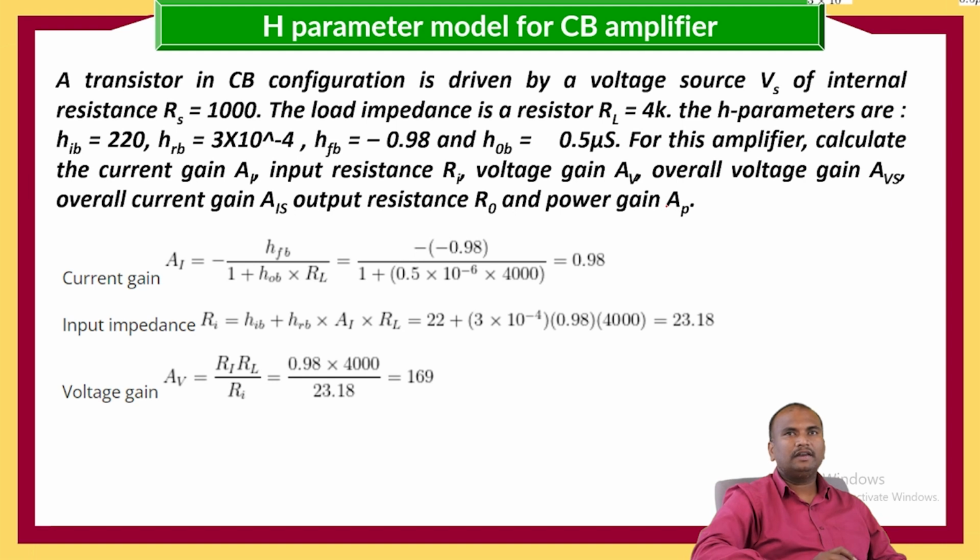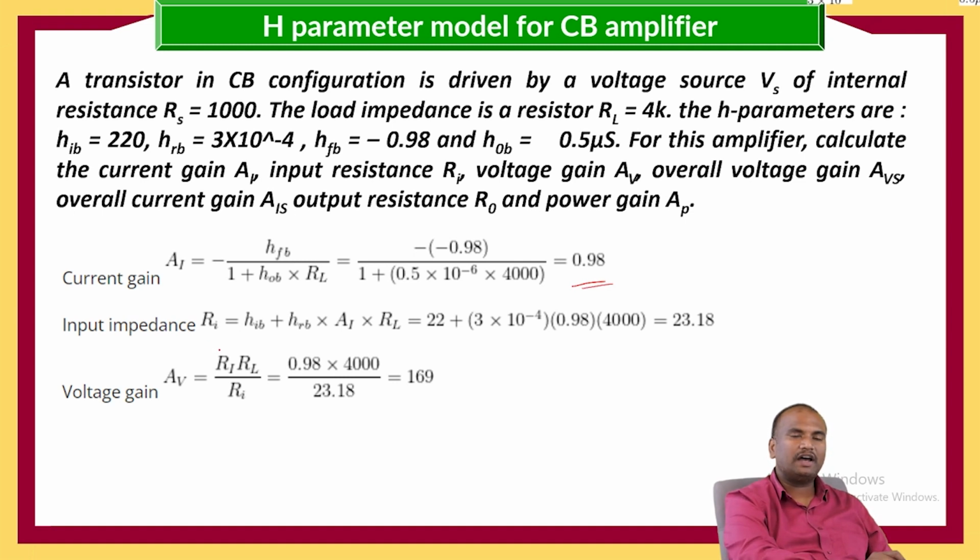Here the current gain AI is equal to minus HFB by 1 plus HOB into RL. Here minus of minus 0.98 by 1 plus 0.5 into 10 to the power of minus 6, that is HOB, into 4000, that is the load resistance, which is equal to 0.98.